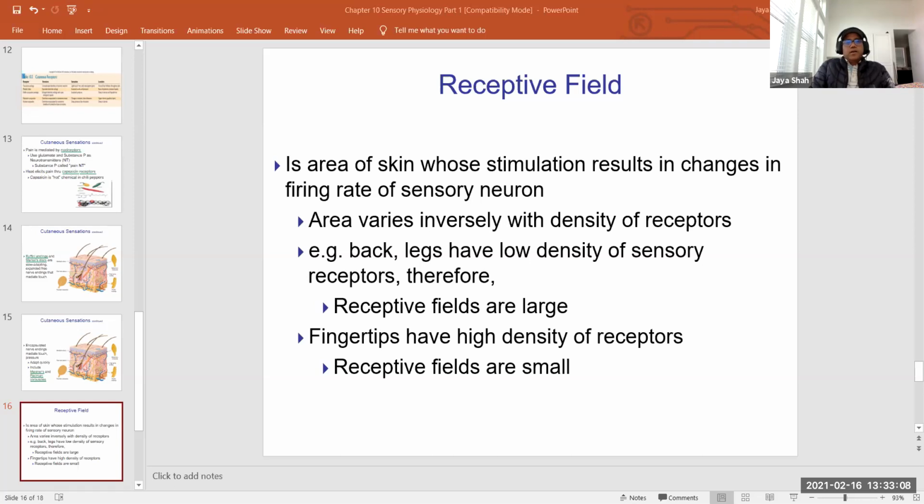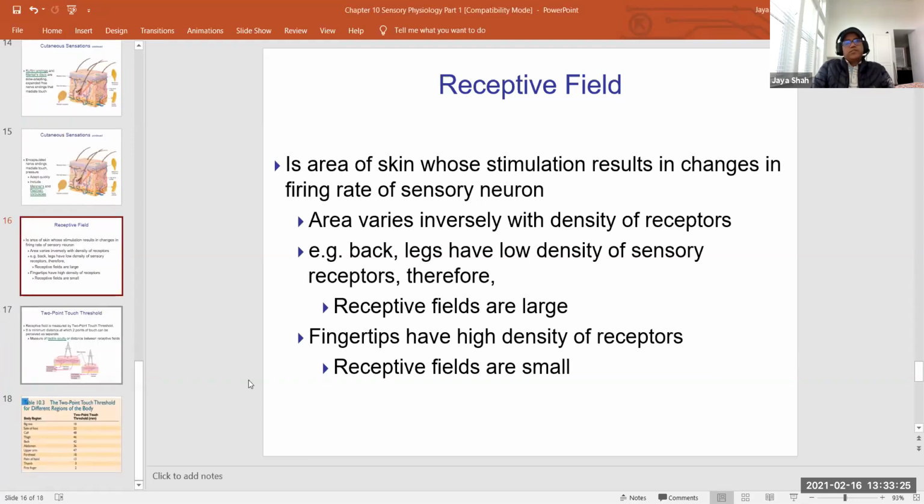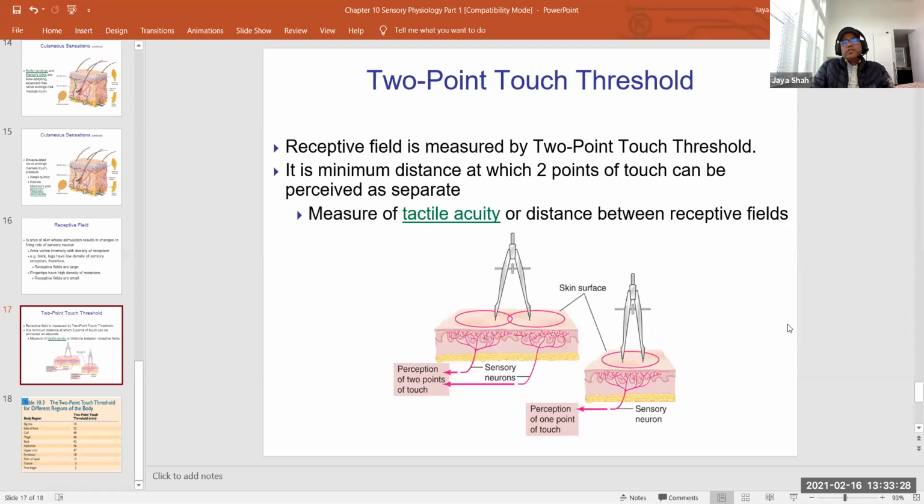So how do we measure this receptive field in any body part? We're going to do this lab on Thursday in our lab. Here, the receptive field is measured by 2-point touch threshold, and 2-point touch threshold is measured by using calipers. You see calipers? We're going to use these calipers.